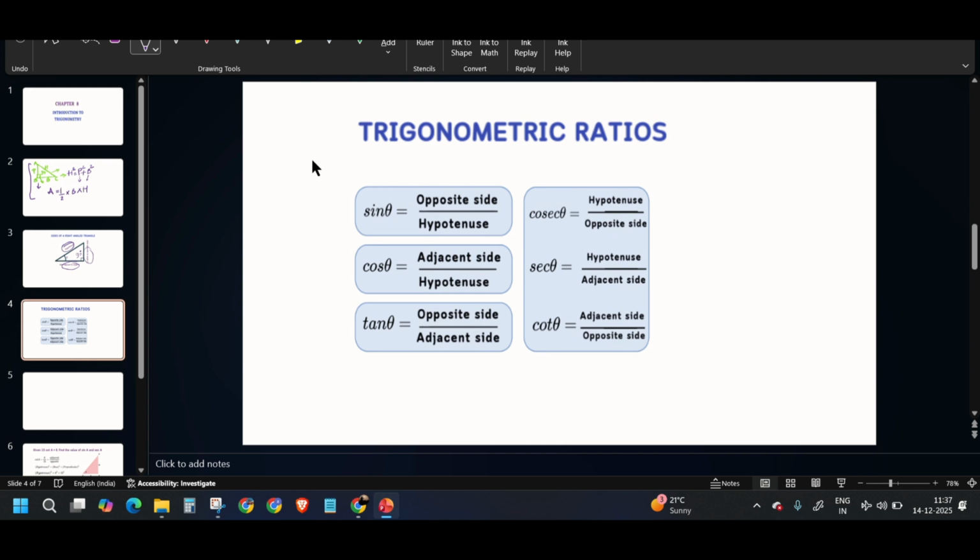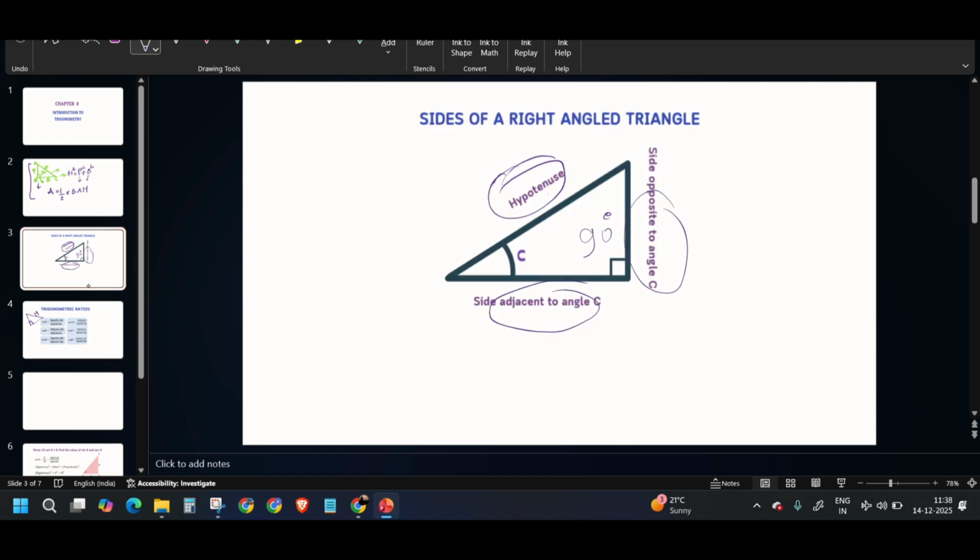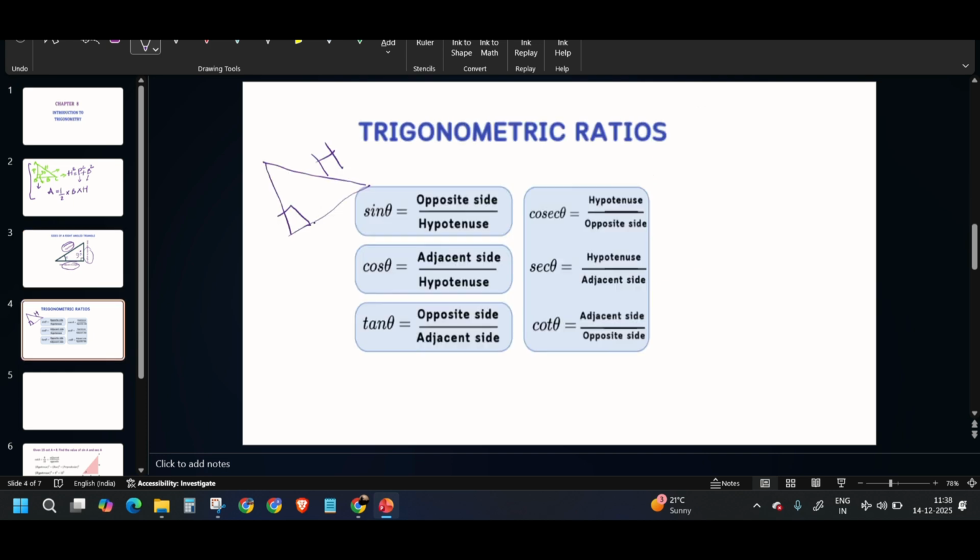Coming to the next topic, trigonometric ratios. As we can see, the trigonometric ratios can be represented as sine theta is equal to opposite side by hypotenuse. If you represent the right angle triangle in the same way, this is hypotenuse, this is perpendicular, and this is base.